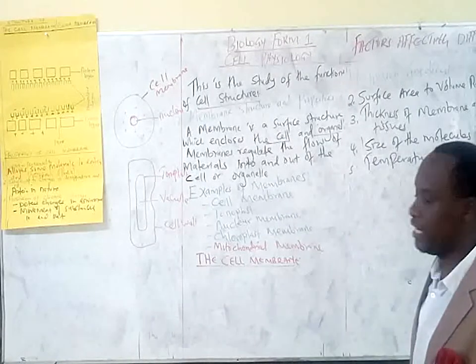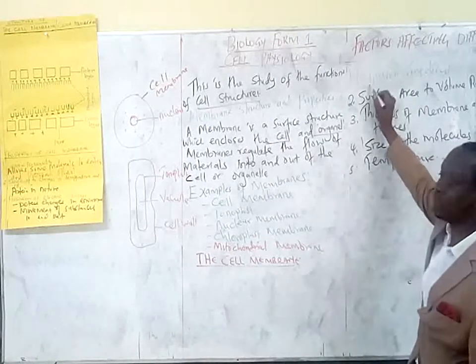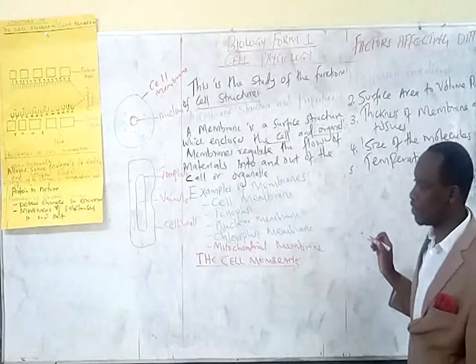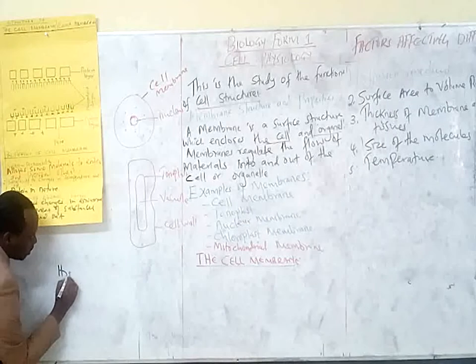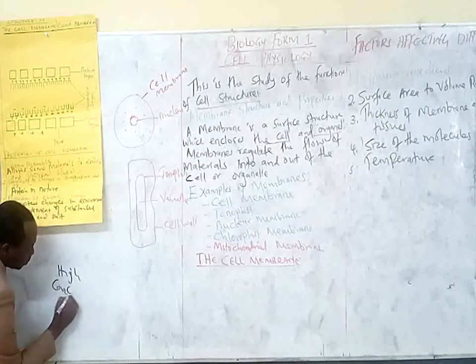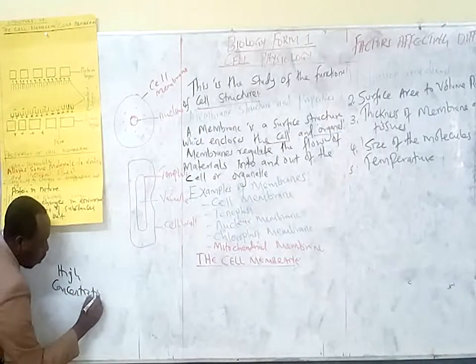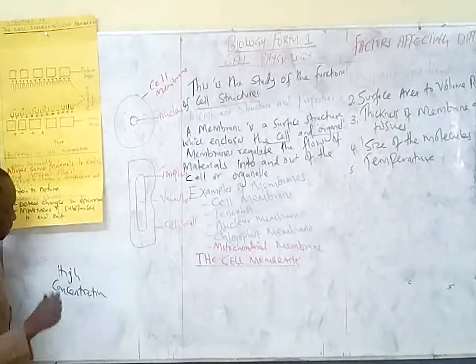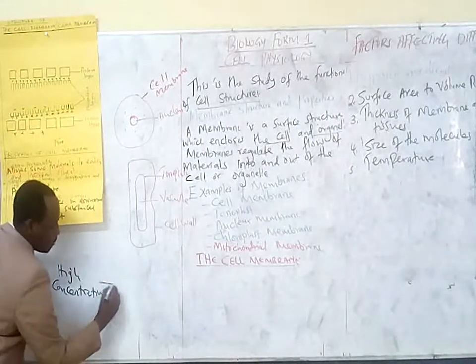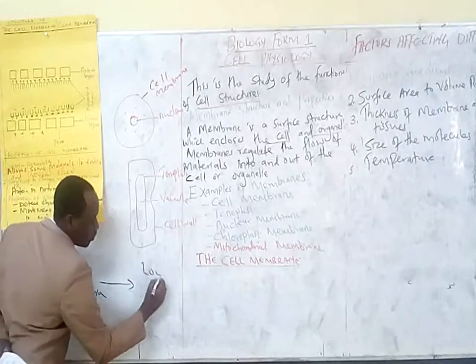So, diffusion gradient is what? It is the difference between two concentrations. Suppose you have a high concentration of particles, for example, smell, for example, potassium permanganate, and here we have low concentration.